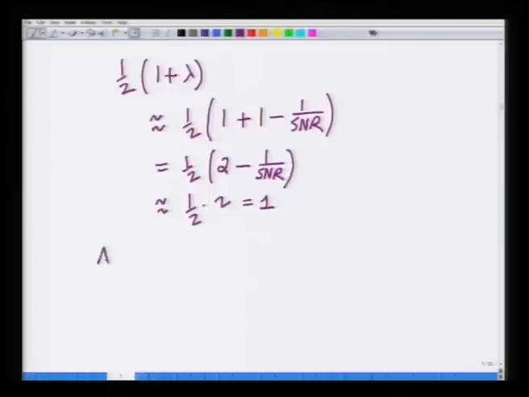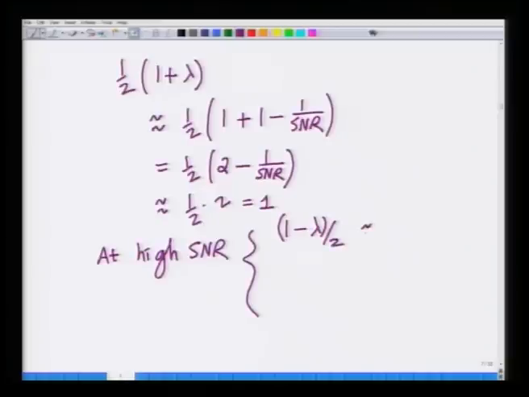So, we said at high SNR, 1 minus lambda over 2 is approximately equal to 1 over 2 SNR and 1 plus lambda over 2 is approximately equal to 1.